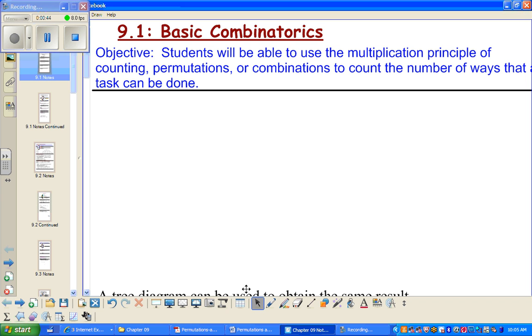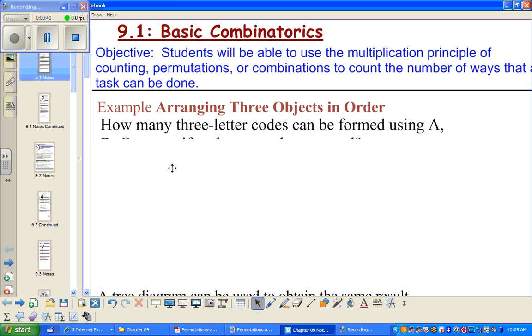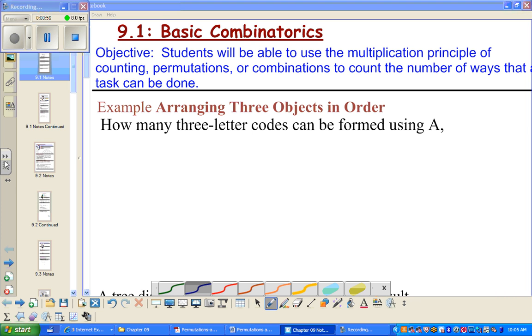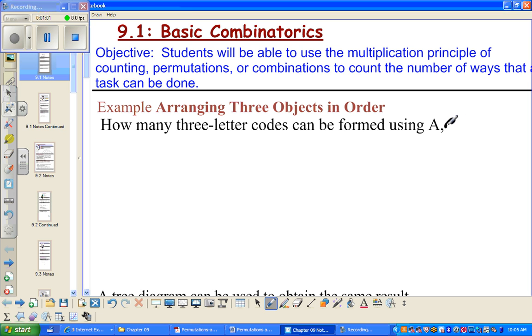So if I were to ask you to arrange three objects in order, so how many three-letter codes can be formed using, let's just say, A, B, and C, what you originally would have done is you would have just listed out all the options in some logical sequence.